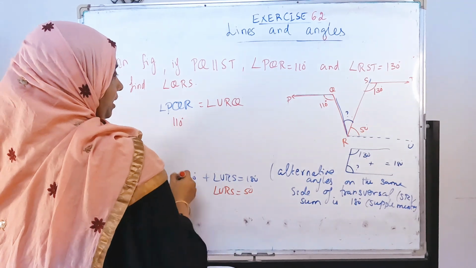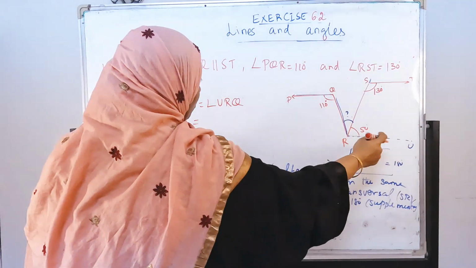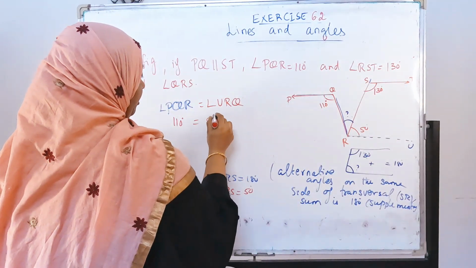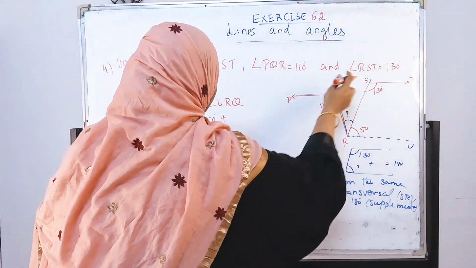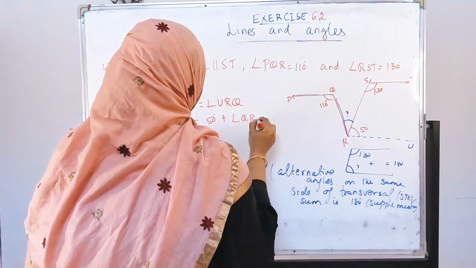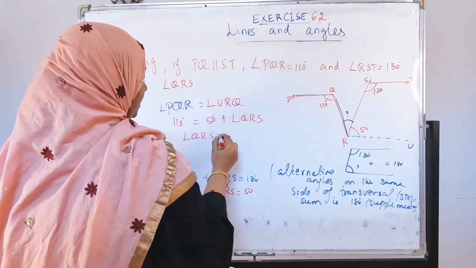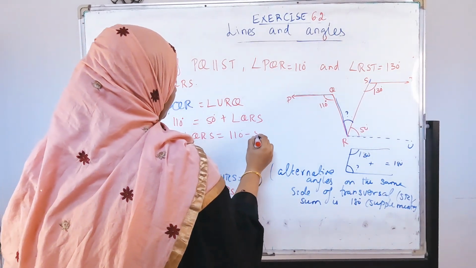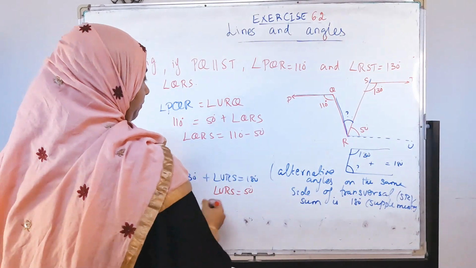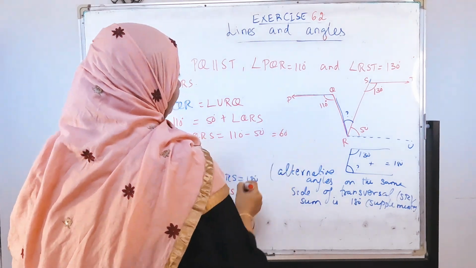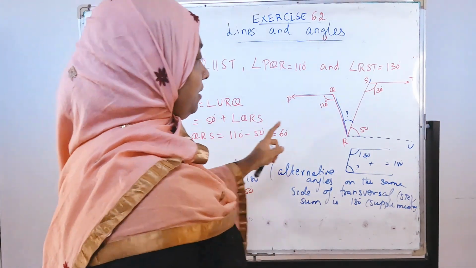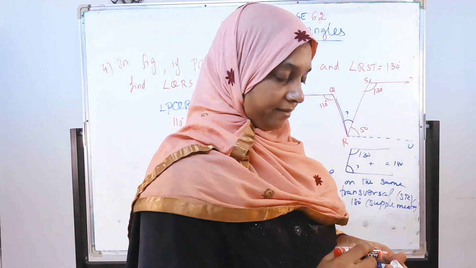PQR is 110 degrees, and this URQ is 50 plus QRS. So to get QRS, subtract 50 from 110, and we get 60. This part is 60 degrees.